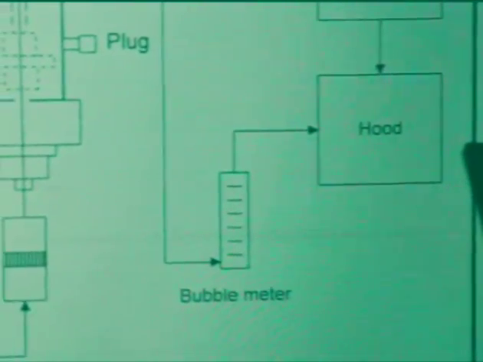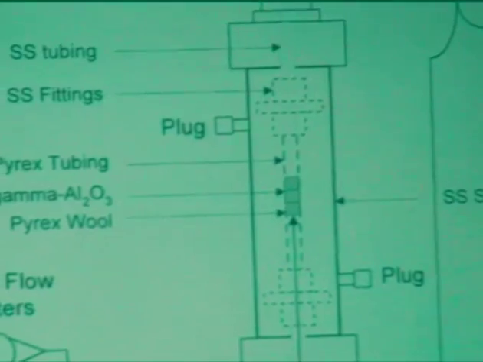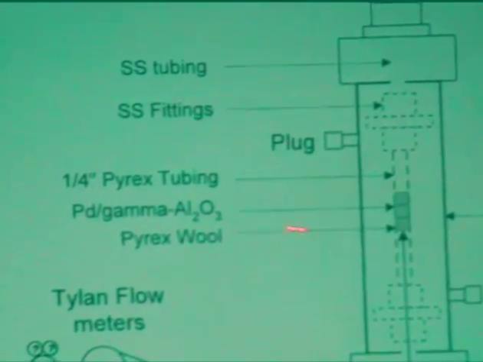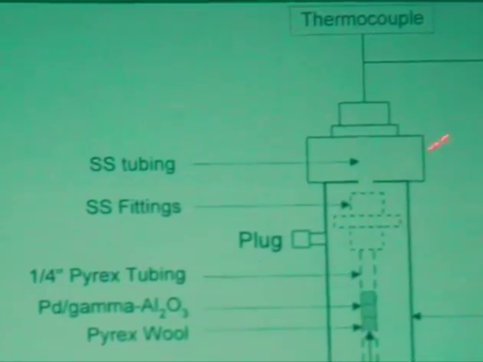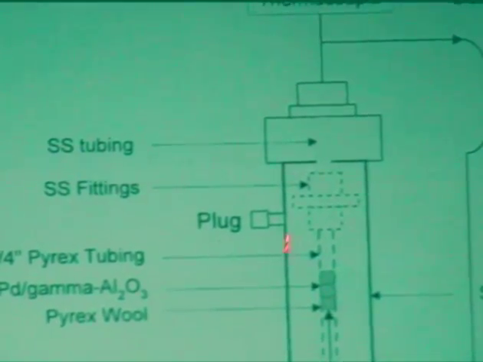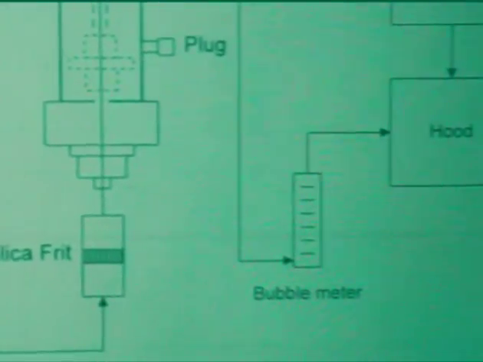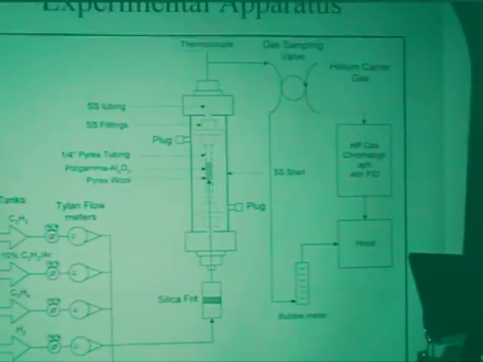But we have this Pyrex tube. It's about 1/4 inch in diameter, and we put Pyrex wool before and after, and we put a layer of palladium gamma alumina in between. We sandwich them. And I have a K-type thermocouple that extends down and penetrates this layer of catalyst. So then we use a gas sampling valve to send a sample to the GC, and then using a mole balance, we can calculate the extents of reaction.